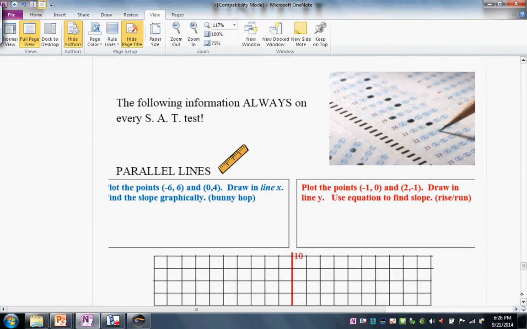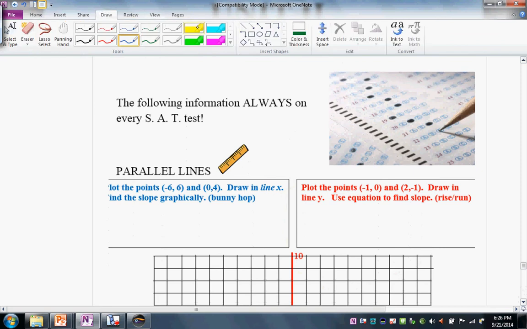Warning, the next two concepts are always, without exception, I've thrown down this challenge for when you take the PSAT in October. Make sure you watch out. You are always going to have at least one question that deals with this: slope and parallel lines, and slope and perpendicular lines.